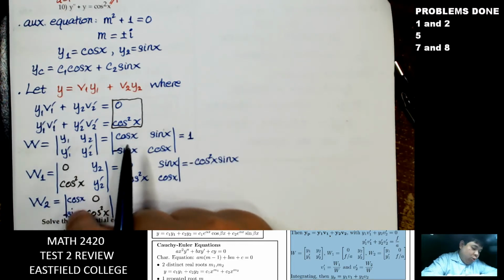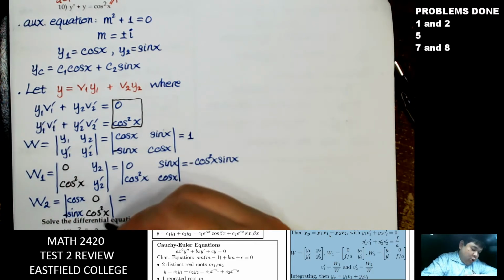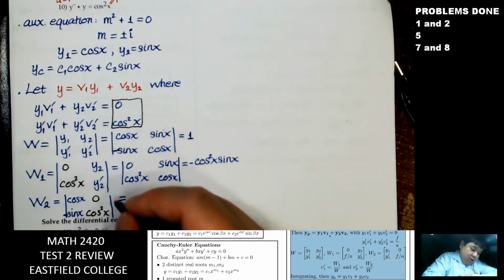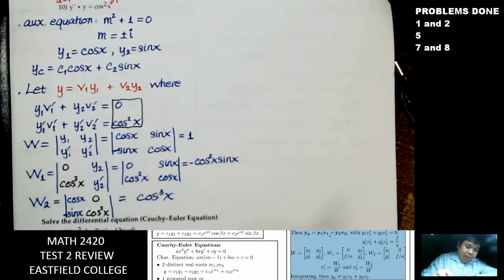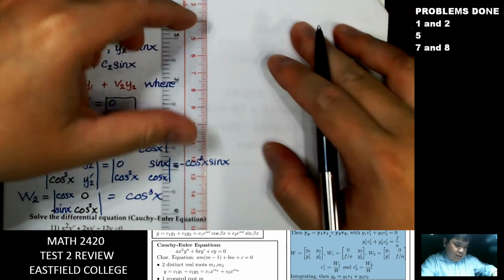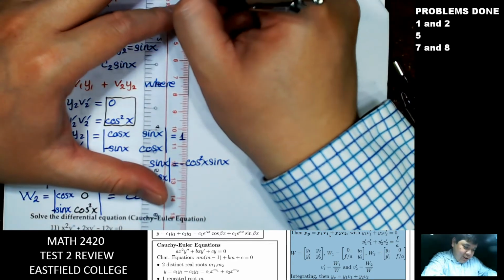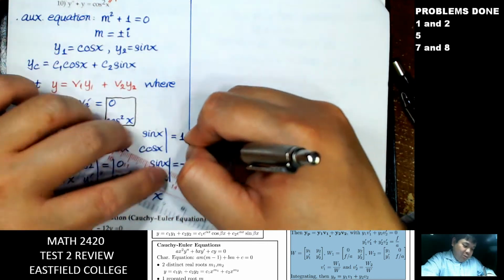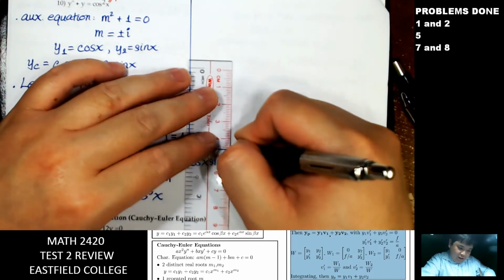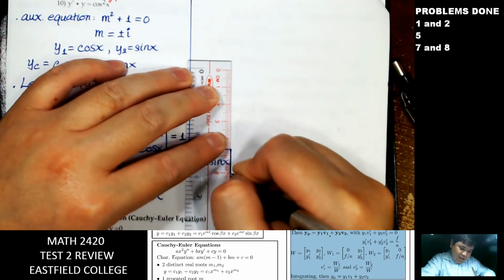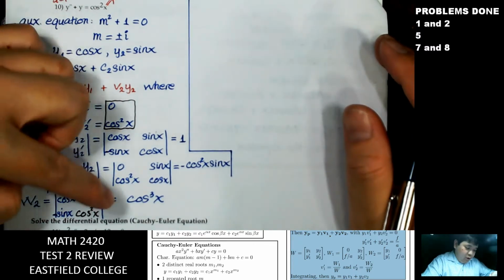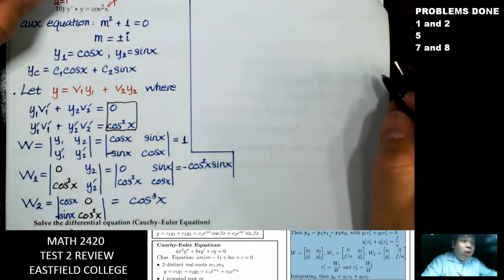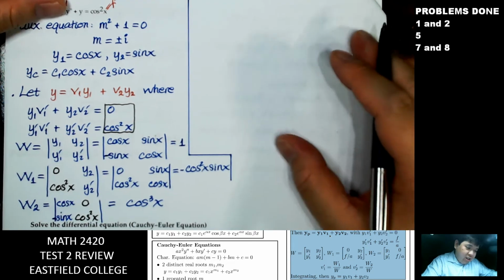I should put y1 y prime here, but anyway. So we have cosine cube and pretty much just that. Right. So try to take every space we have. Right. So that. So we have all the w's on the Wronskians.